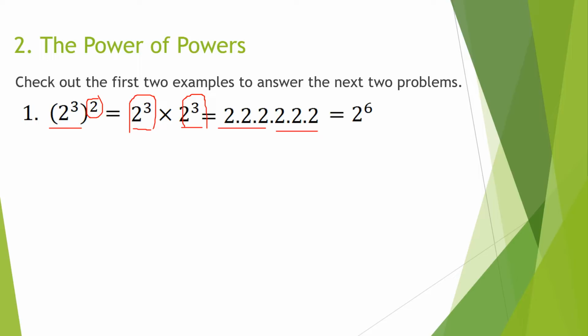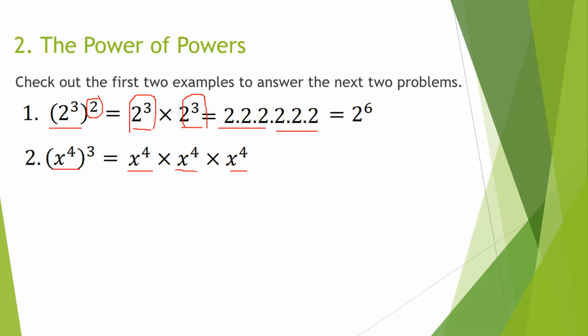Now, let's continue with example number 2. We have x raised to 4, the quantity cubed. Just like what we did for the power rule, let us expand first. So we have x raised to 4 times x raised to 4 times x raised to 4. So we multiplied our base by itself 3 times since our exponent is 3.